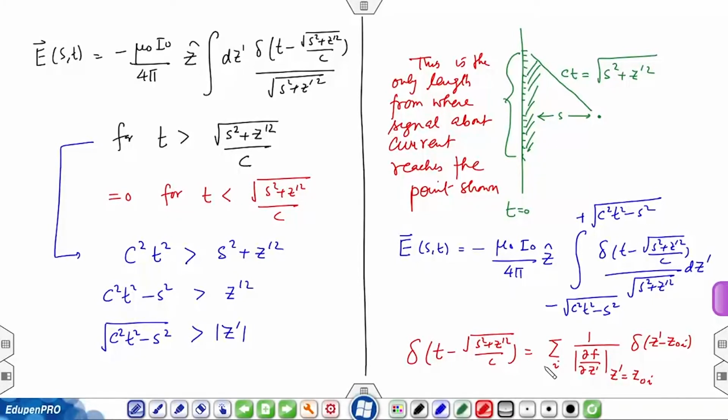This is what I am going to substitute for the delta function, and then I am going to integrate.